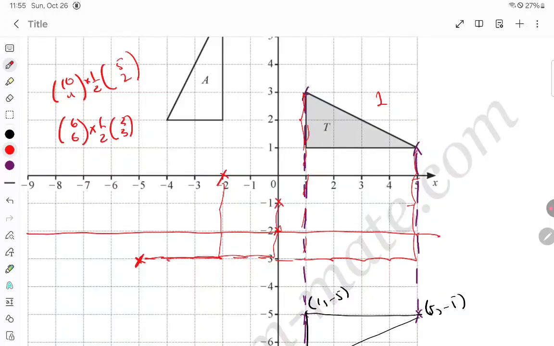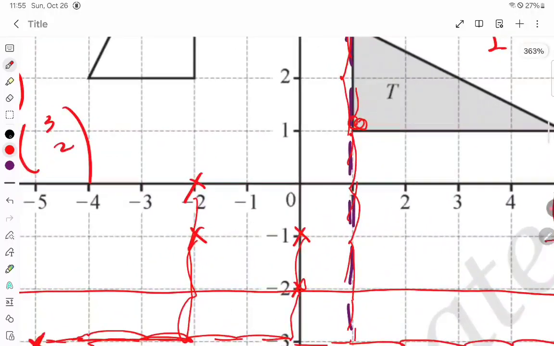Get our second point. For the third point, this one, this is 6, and 1, 2, 3, 4. So 6, 4 will become 3, 2 when you multiply it with half, so again 1, 2, 3, and 1, 2. We get all the 3 points. We can form simply our triangle.